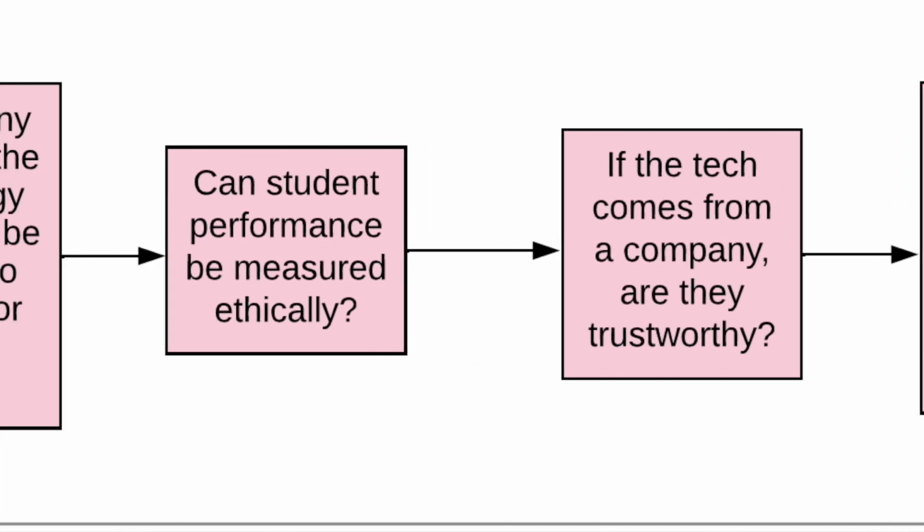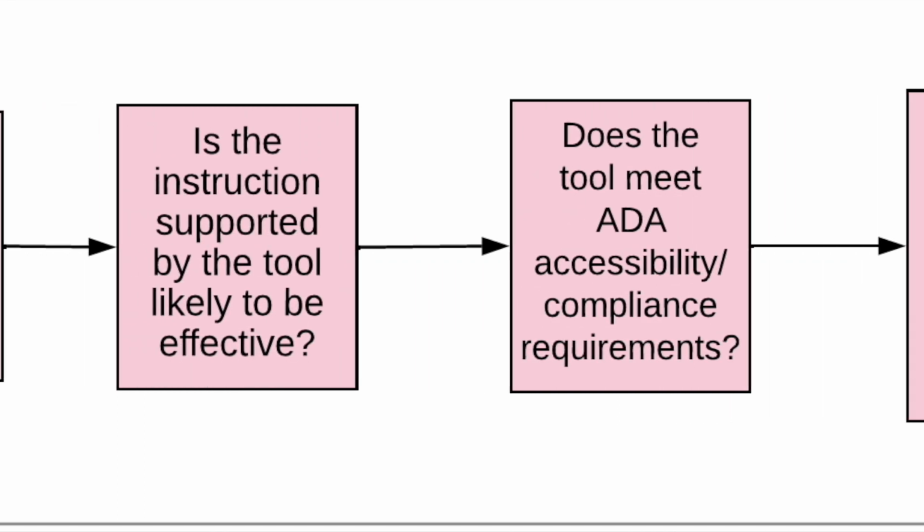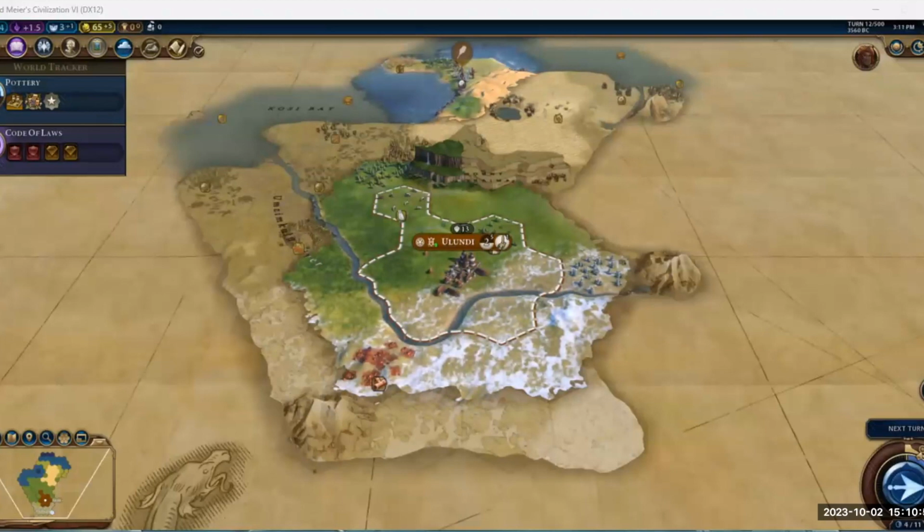Is there any aspect of the technology that might be harmful to student learning or health? This is always the question. And many years ago, when I first was thinking about using Civilization, a lot of the time I had significant concerns dating back to Civilization 3.